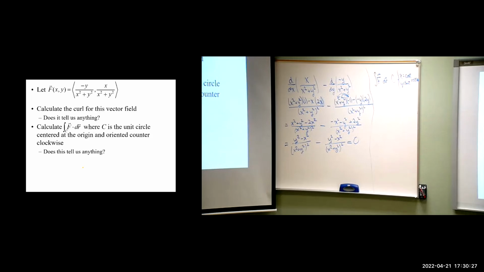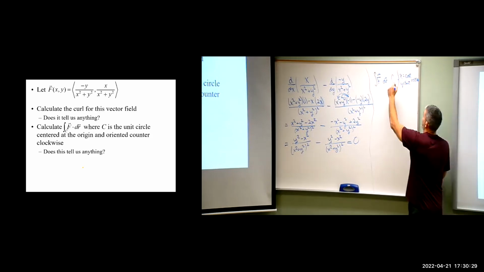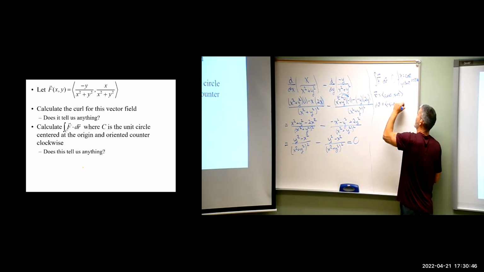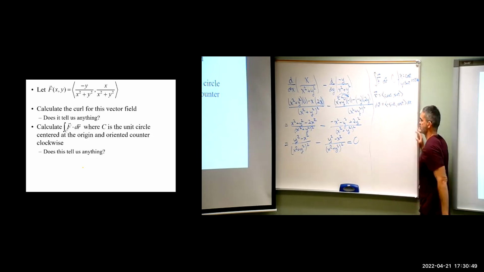So that basically is our r. That tells us that our r is cosine t, sine t. So our dr is the derivative of that, negative sine t, cosine t, dt.